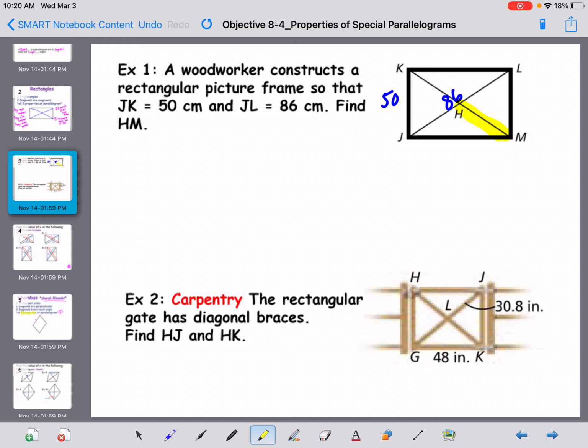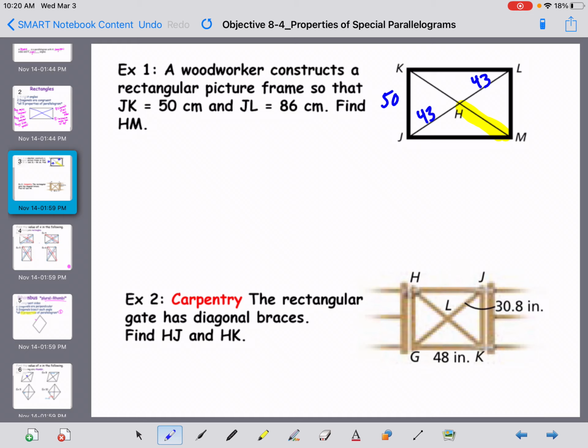So it looks like JK is an outside edge, and I don't know that I'm actually going to use JK. What do I know? I know that 86 is the diagonal, and if I divide 86 into 2 equal pieces, because these diagonals bisect each other, I know that this side would be 43 and this side would be 43.